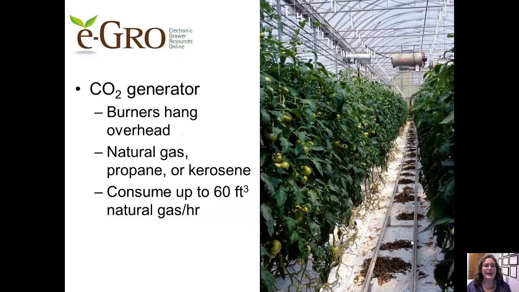So, how is carbon dioxide fertilization done? Well, one older way is with a CO2 generator. You can see one hanging here in this slide. Burners hang overhead and burn a liquid fossil fuel like natural gas, propane, or kerosene, consuming up to 60 cubic feet of natural gas per hour.